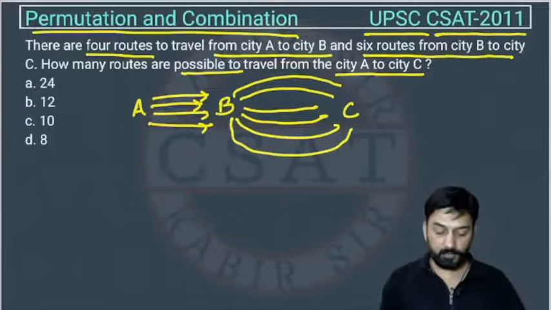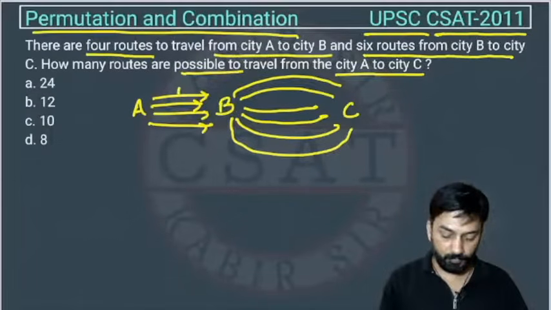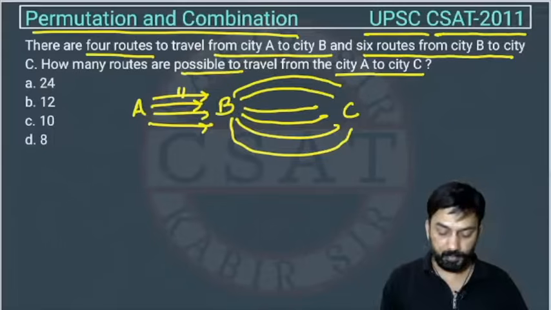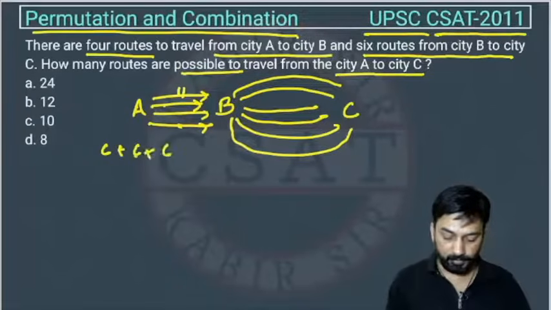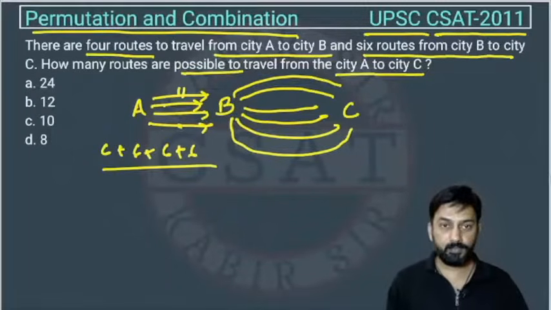How many ways can a person move from city A to C? Suppose he selects this route, so he reaches B, and after reaching B he has 6 possibilities, right? Similarly with this route 6 possibilities, with this 6 possibilities, and with this route we have 6 possibilities. So this will be like 6 plus 6 plus 6 plus 6, and this will be the answer.